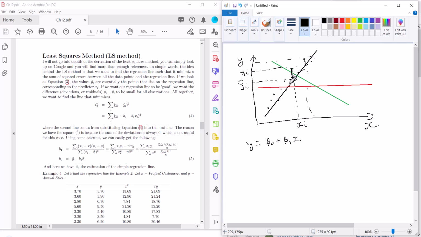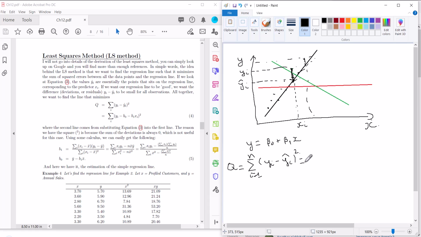So that's why it's called least squares. So basically you would take the truth, which is yi, minus the prediction that I had, square them, and then you sum them up. And this expression is set equal to Q.